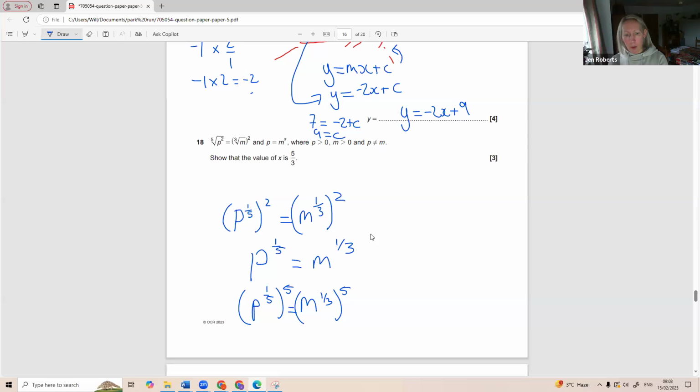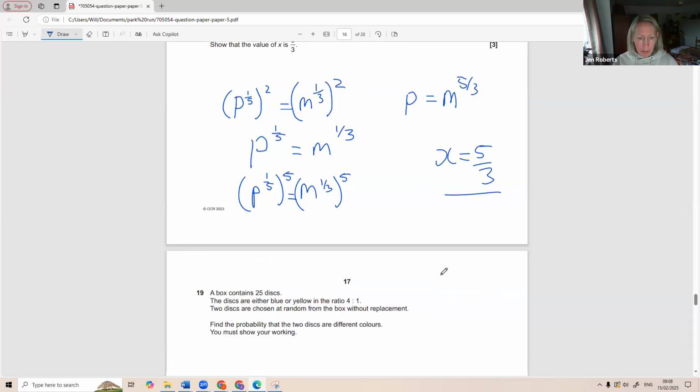My rules of indices, I multiply the powers. A 5th times 5 is just 1. So you can see there, it's just kind of reversed it. 1/3 to the power 5. 5 times 1/3 is 5/3. Can you see x? I've got it in this form. x is 5/3. That was quite a tricky one. I wouldn't expect many people to get this right on the paper.